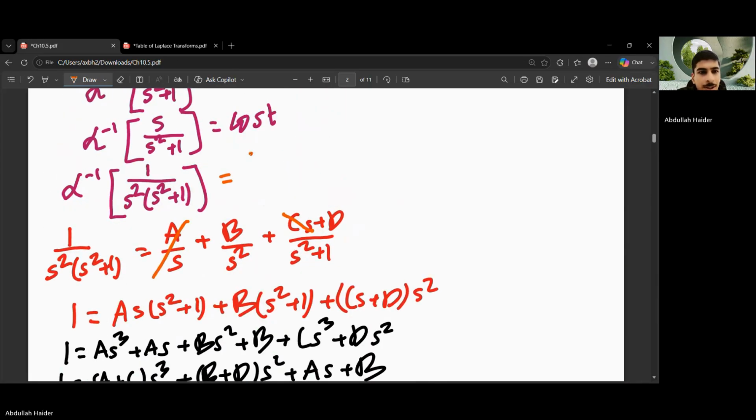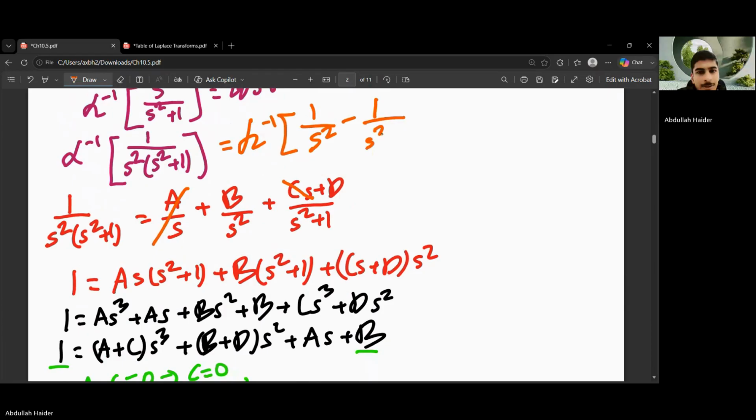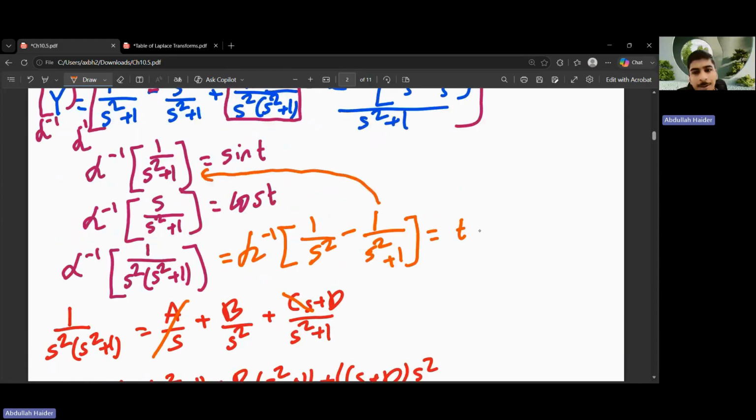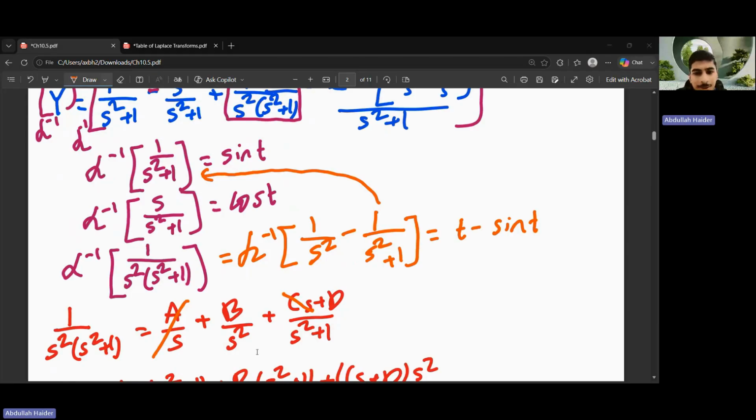So we're left with the inverse Laplace of 1 over s squared, plus now d over s squared plus 1, and this is going to be negative because d is minus 1. Inverse Laplace of 1 over s squared is basically t. And 1 over s squared plus 1 is basically the same as before. So t plus sine t, no, this is supposed to be negative. So this is supposed to be t minus sine t.